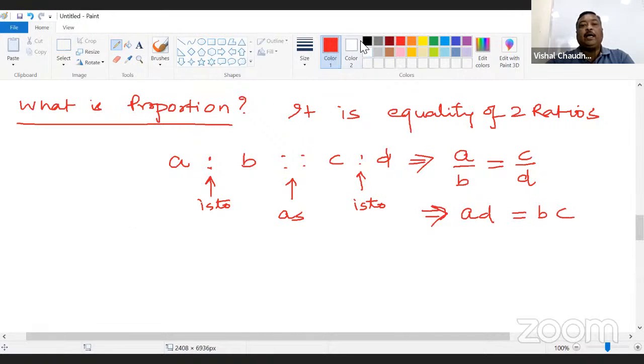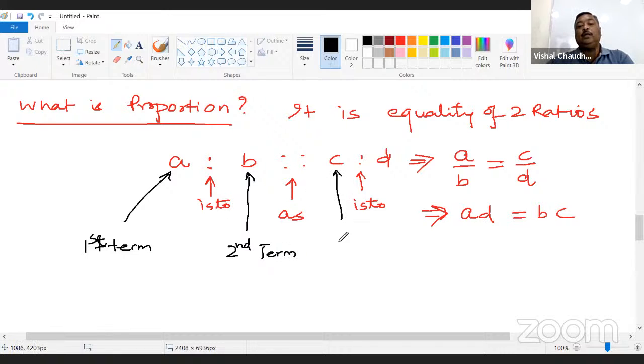Now, when we have this in proportion, understand, A is known as the first term. B is known as the second term. This is your third term. And this is your fourth term.